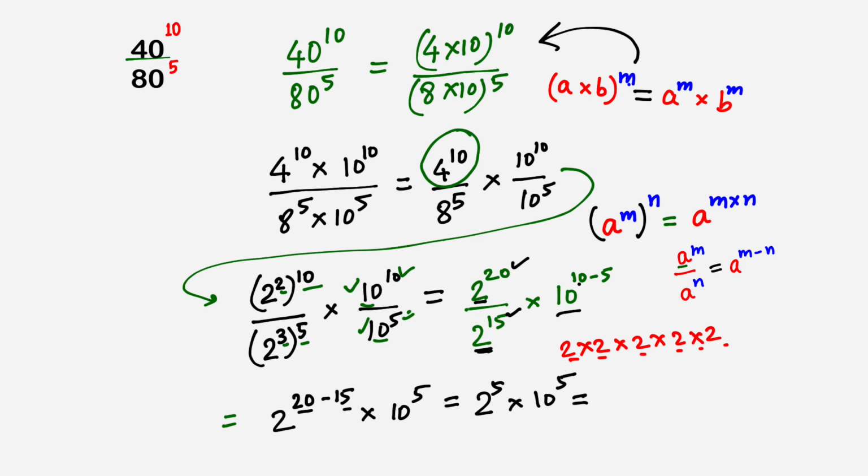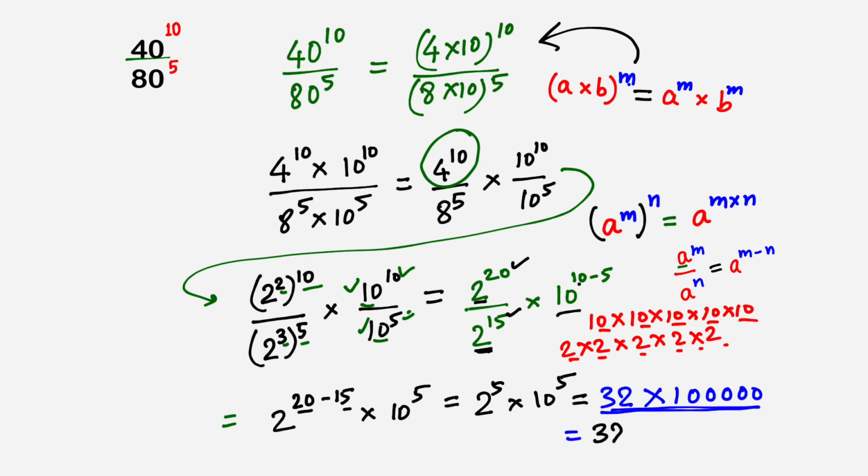So it will become 32 multiplied by 10 raised to the power 5. 10 raised to the power 5 is nothing but writing 10 5 times and multiplying each of them, which gives us 1 followed by 5 zeros. And when we multiply these two, the answer is simply 32 with 5 zeros after that. And this is your required answer.